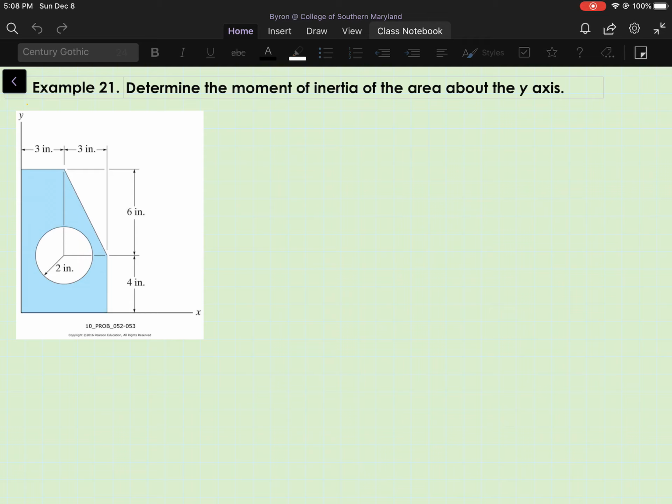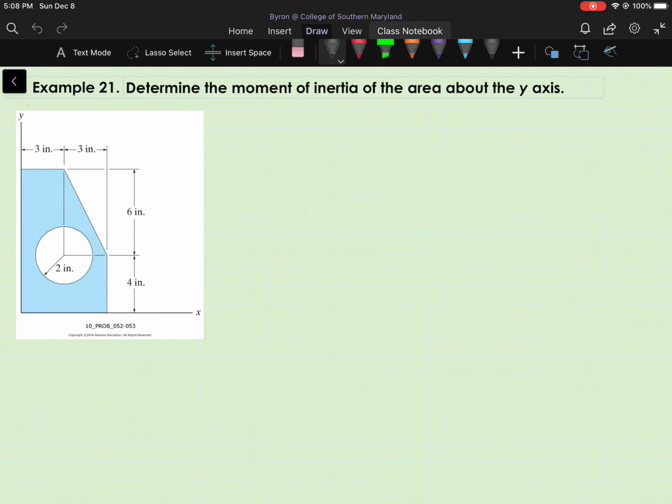So let's start by doing that, and I'm going to let this large rectangle be area 1.